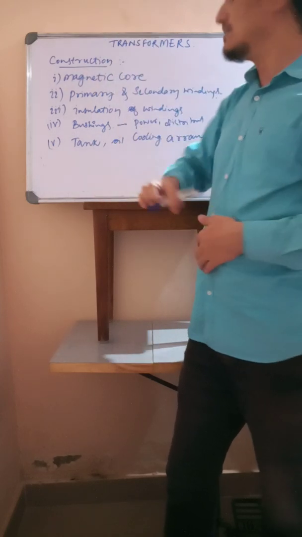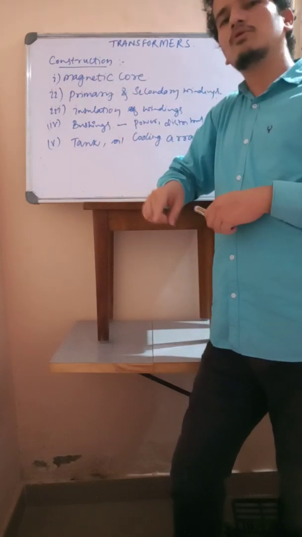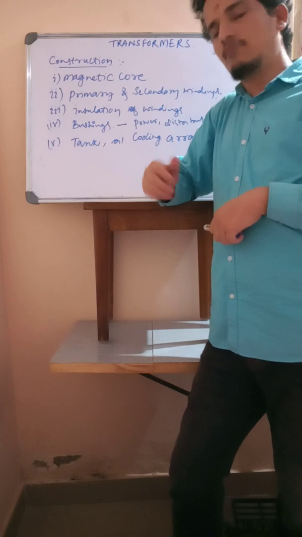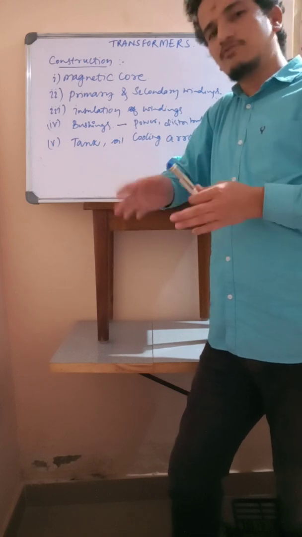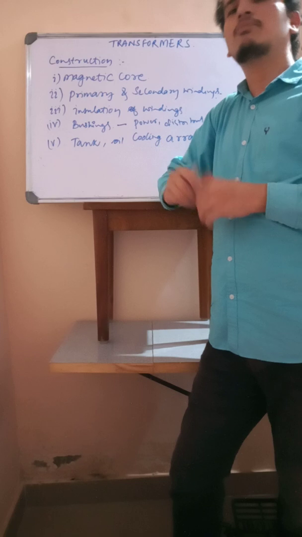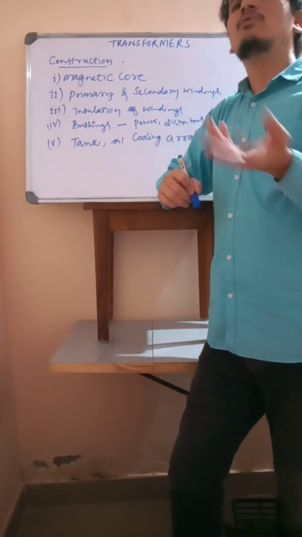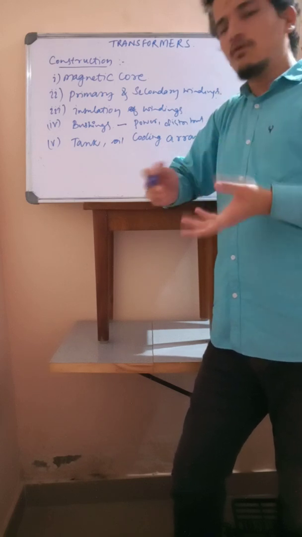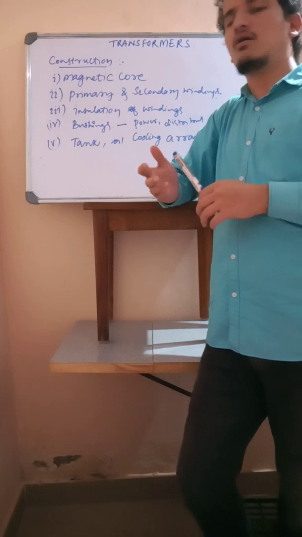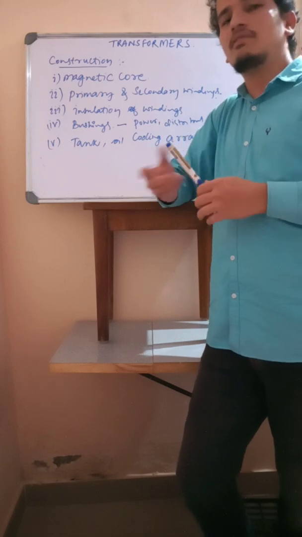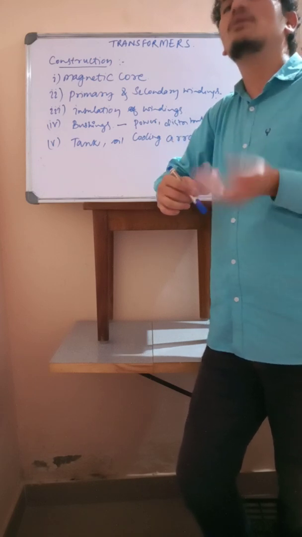What is the function of the oil there? It will act as a cooling medium, so transformer cooling will be done, and it will also provide the insulation. In most low capacity transformers, oil will not be there. Those are air cooled transformers.